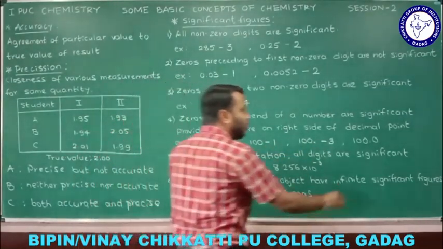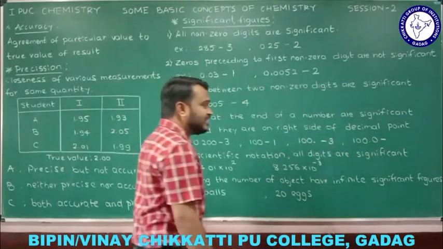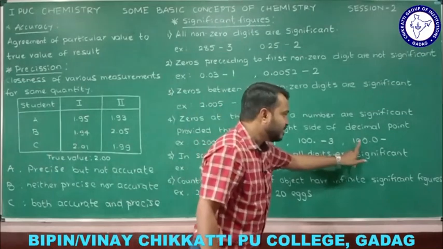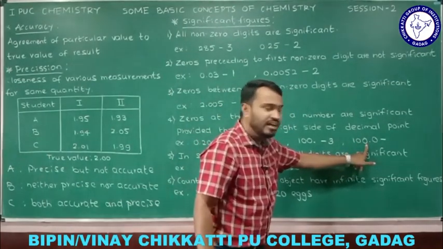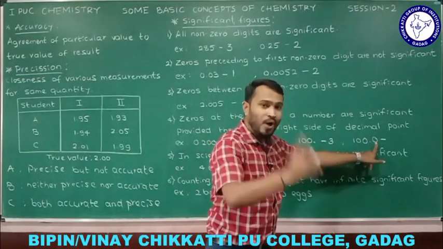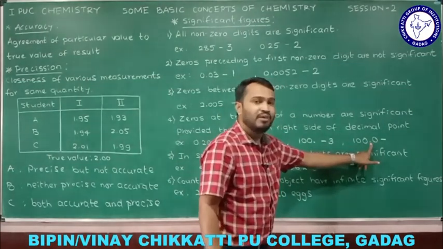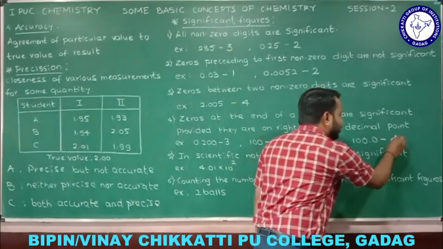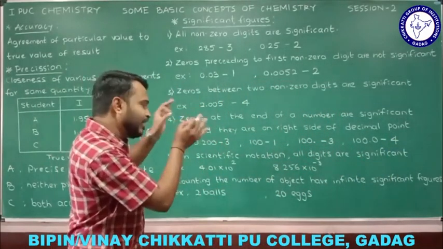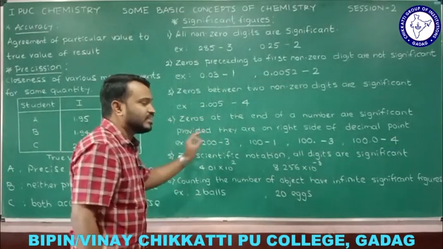And now look over one more example, 100.0. So 1 is a significant figure, these 2 are significant figures, and what about this 0, whether it is significant or not? Yes. Why? Because we have a decimal point, therefore the number of significant figures is 4 here. If you know the rule, only then can you get the significant figures.